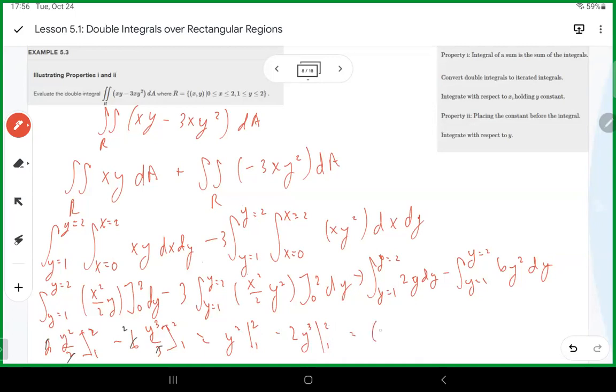So that gives you 4 minus 1 minus 2 times 8 minus 1, which will give you 3 minus 2 times 7, which is 3 minus 14, so negative 11. All right, so that was using those first two properties.